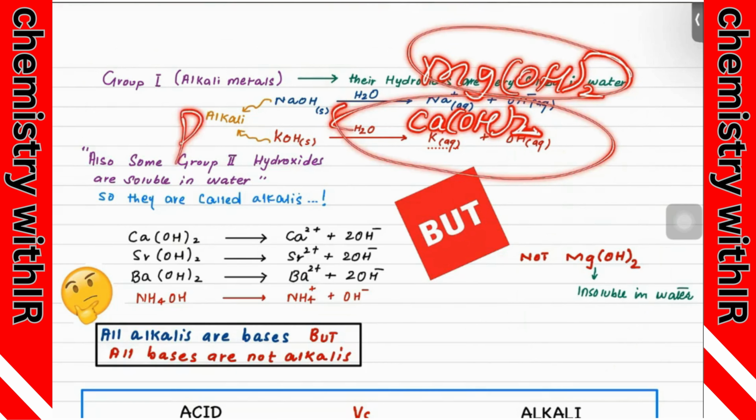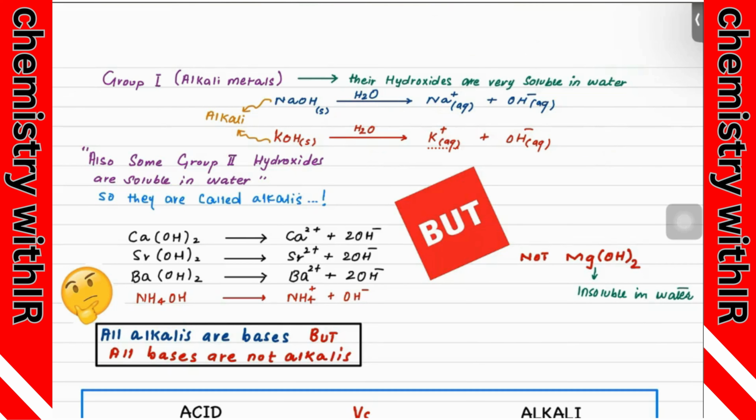So you must know the solubility as well. Which one should be soluble? Which one should be insoluble? Which one should be partially soluble? Because if you don't know the solubility, you cannot predict the presence of acid or a base.